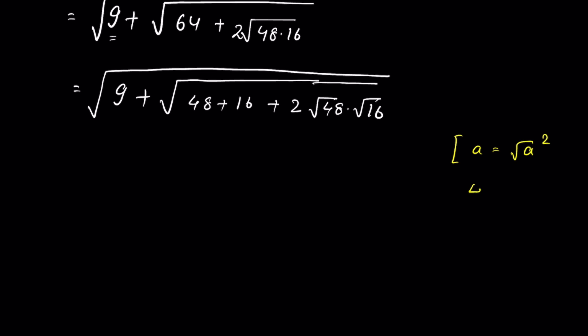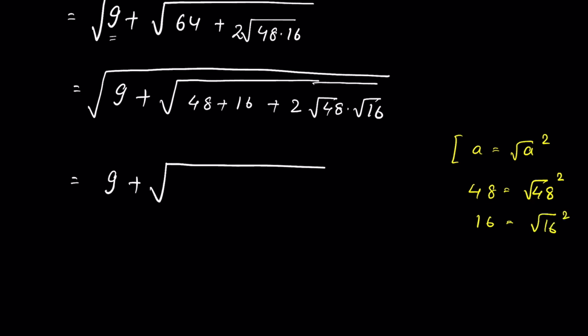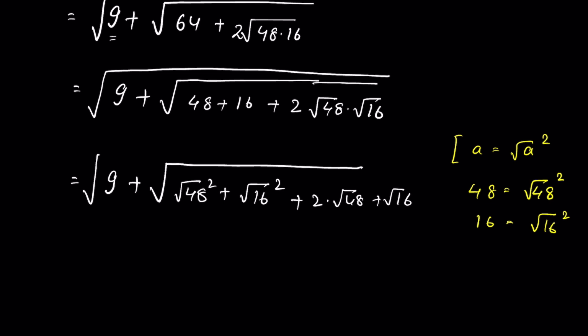So 48 we can write as square root of 48 squared, and 16 as square root of 16 squared. So 9 plus square root of 48 squared plus square root of 16 squared plus 2 times square root of 48 times square root of 16, then all under square root.